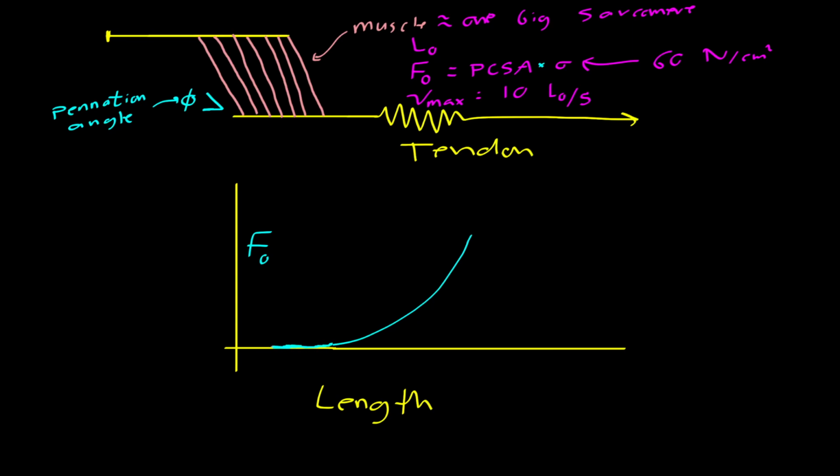So imagine if you fully plantar flex your ankle and think about how much tension is in your Achilles tendon. The answer is probably 0. That's because when your Achilles tendon gets all the way relaxed, it is not stretched out at all. It's not going to produce any tension. The tendon length at which that happens, we just call the tendon slack length.